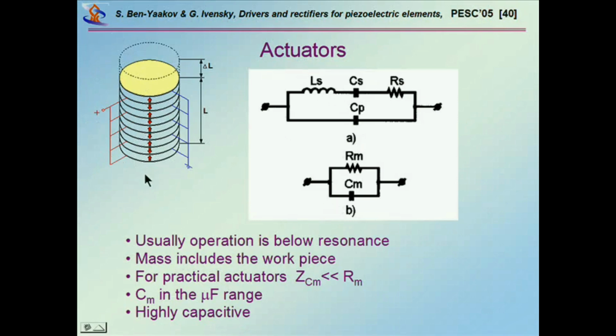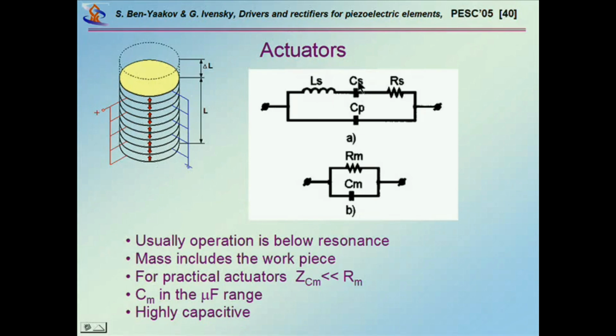However, in most cases we do work below resonance with the actuators. It's very difficult to work at resonance or above resonance. And so for this case, the inductance is sort of short.